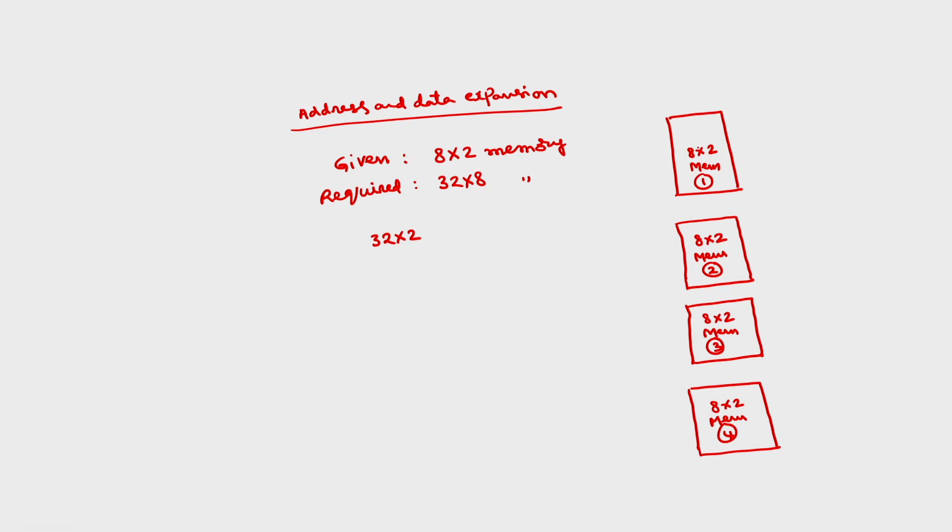Each one will have, because 8 is the number of locations and 2 raised to the power of 3 is 8, 3 bits of the address bus. A2 to A0, you have to connect to A2 to A0 of all the address lines.